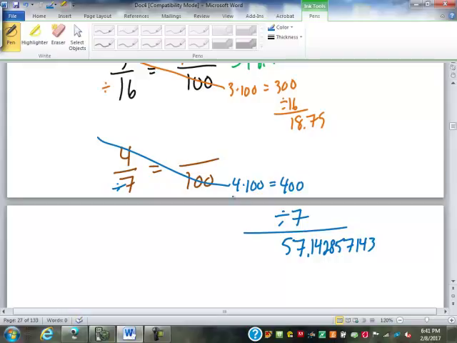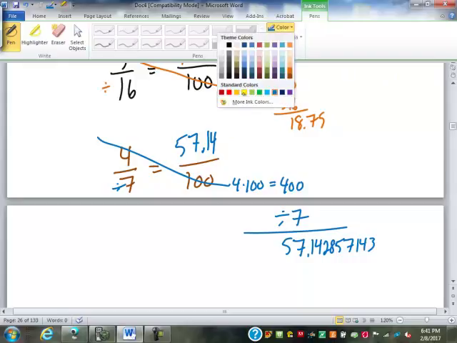So we cross multiply. 4 times 100 is 400. Divided by 7 is 57.142857143 approximately. I would round it to 57.14. So it's 57.14%.